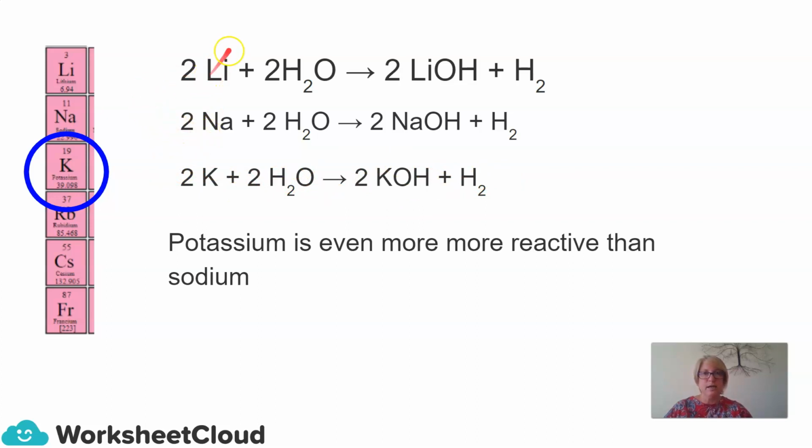So you will see in all cases we have the metal. In all cases they reacted with water. So the metal and the water are known as the reactants, and in the chemical reaction the metal recombined to form the metal plus a hydroxide, and then the hydrogen atoms combined.